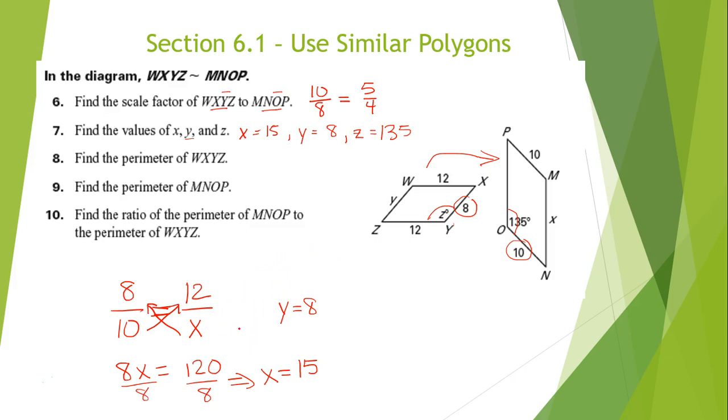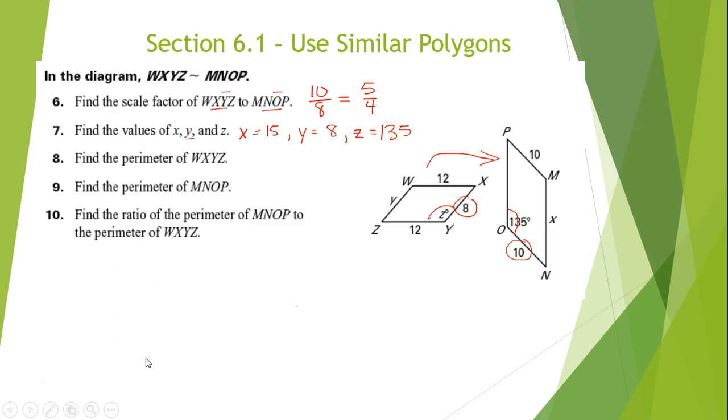Now it says find the perimeter of WXYZ. Okay, so for WXYZ, we need to know all of the side measurements of that polygon. We already figured out that over here y is 8. So we have 12 plus 8 plus 12 plus 8, that all adds up to 40.